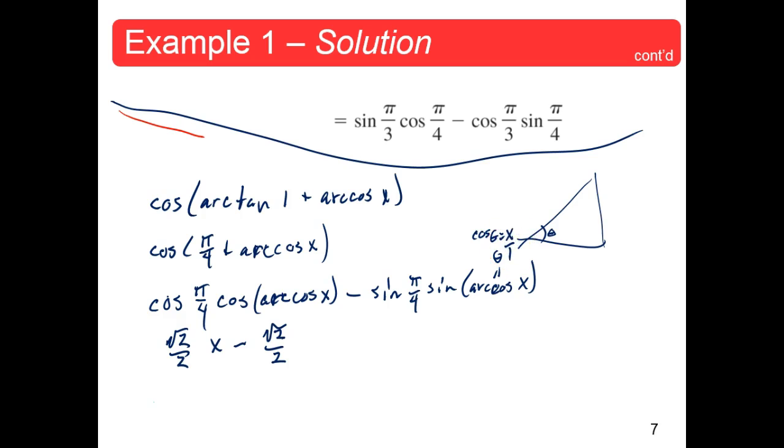Now, what does that tell you? What is cosine the ratio of? Cosine is adjacent over hypotenuse.